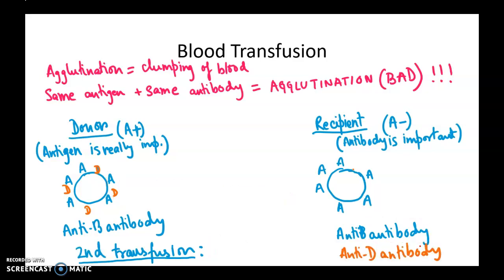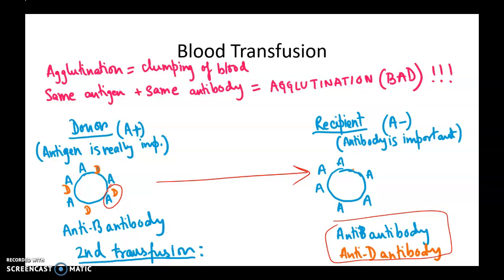How will that look? Okay, so we are looking at a second transfusion. The recipient already has both antibodies and is getting blood from the donor. The donor has both A and D antigens. Look, you have D antibody and D antigen.